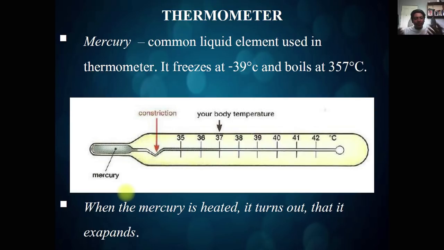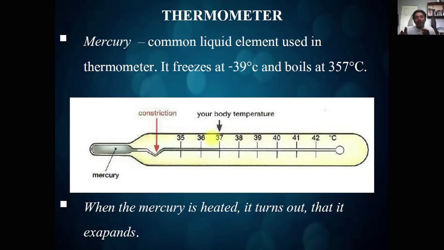After some time, after taking it out of your armpit, the mercury shrinks again, because the temperature in the room where you are being examined by the doctor or the nurse is not the same as the temperature in your armpit or your body temperature.